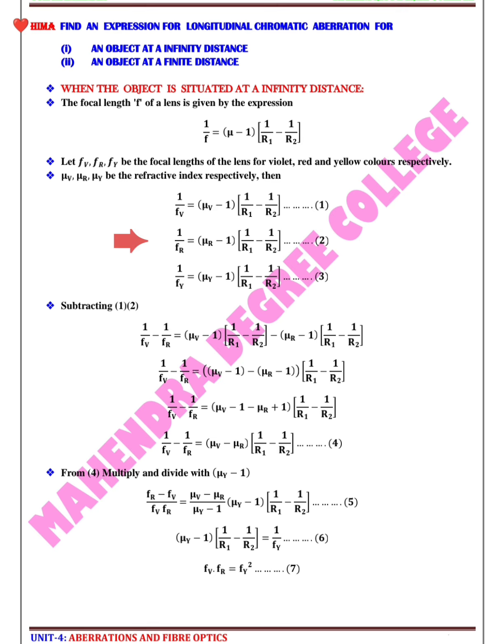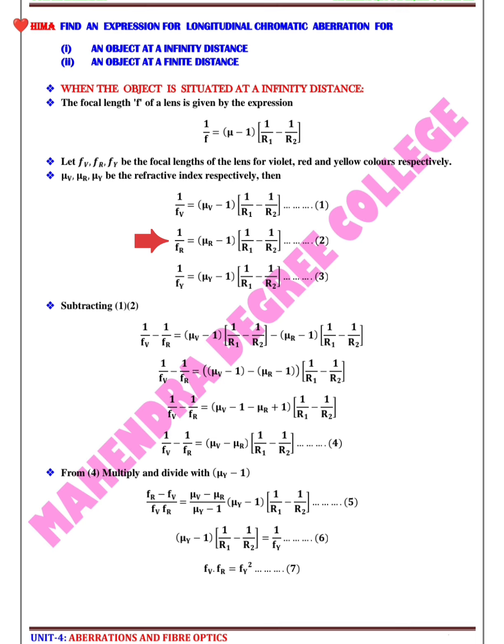For red light, 1 by FR equals mu R minus 1 into 1 by R1 minus 1 by R2.